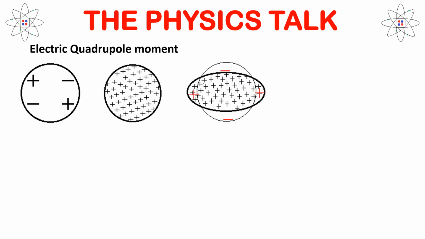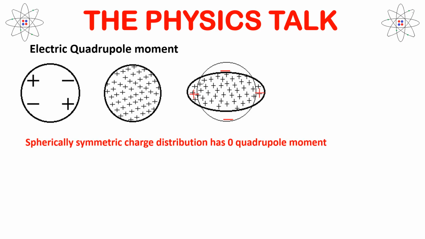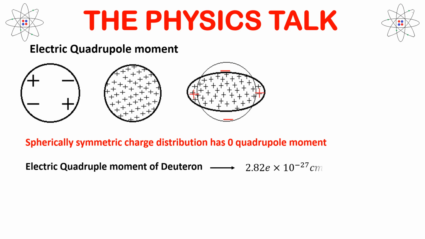The important point to note here is that as long as the charge assembly has spherical symmetry, it would have zero quadrupole moment. It is found experimentally that deuteron has a quadrupole moment, although the value is very small.